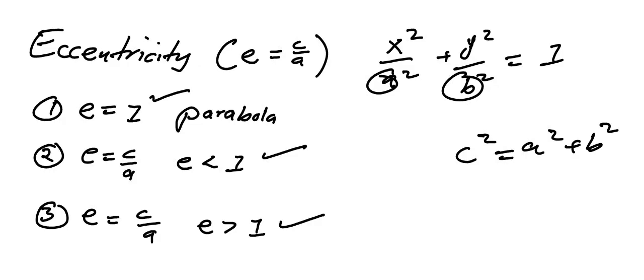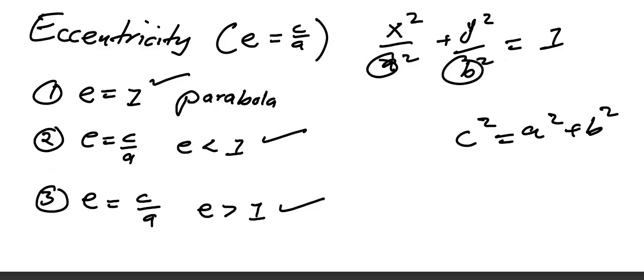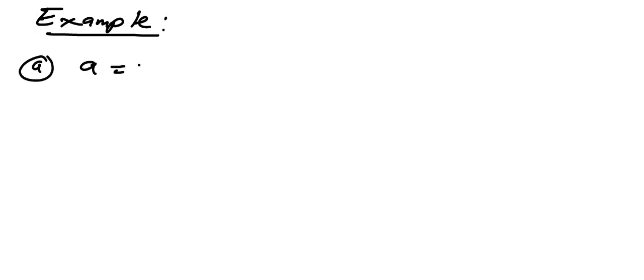Yeah, so a quick simple example is as follows. Without even knowing the equation, they're saying identify the conic sections centered at the origin given the following values of a and b. The first one is a equal to 2 and b equal to 5, and the second one is a equal to 3 and b equal to 1.